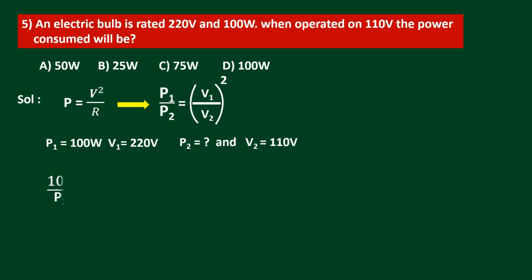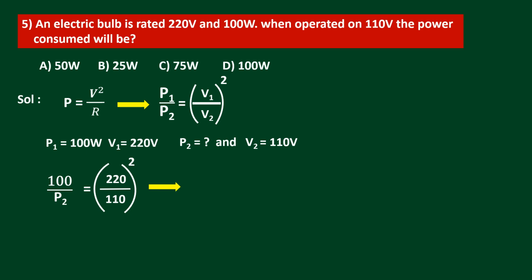Now, if we substitute these values in the above equation, we get P1 by P2 means P1 100 and P2 we have to find, and V1 means 220 by V2 means 110 whole square.